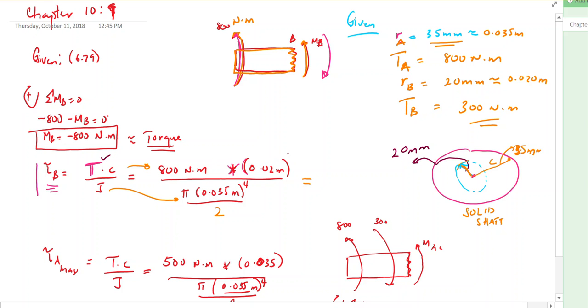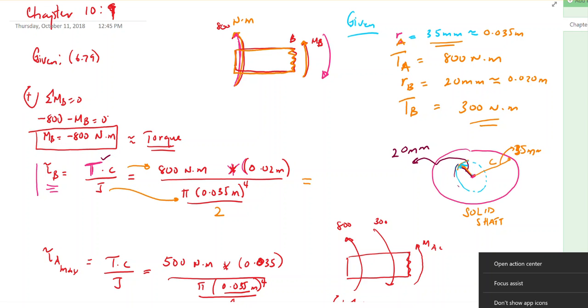But I know it's a radius, so they're just using the P to distinguish that it is an inner radius. That's a radius at some distance from the center. So this 20 millimeters is a distance somewhere within the parameter of this circular shaft. It's not the outer parameter. That is 35 millimeters. Okay, does that make sense? Yeah. Okay.